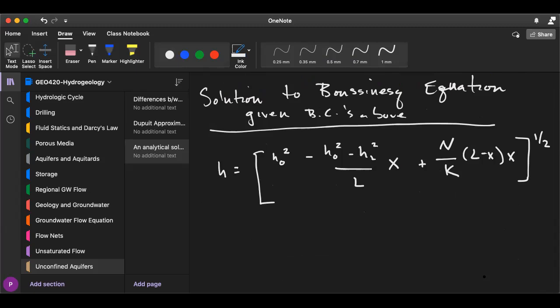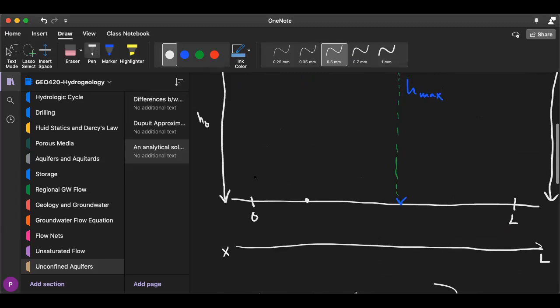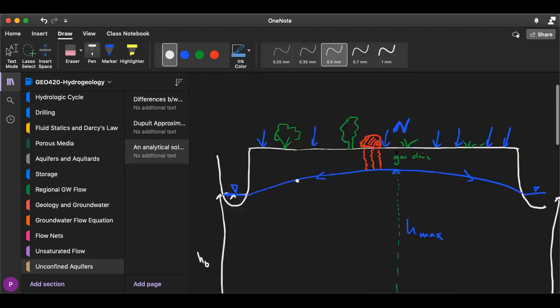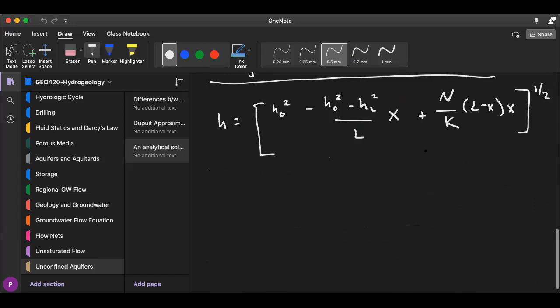Now, what is fundamentally important here would be, well, what's the distance to my water table divide? That distance, X WD, would tell me which river this tailings pile, or this leaking of uranium, would go to. So I can take the derivative of this equation, set it equal to 0.